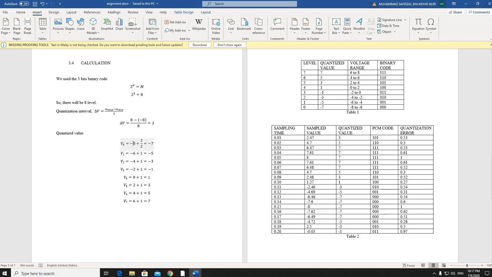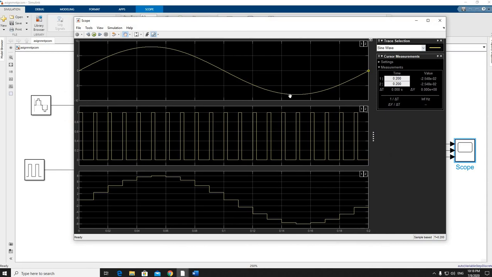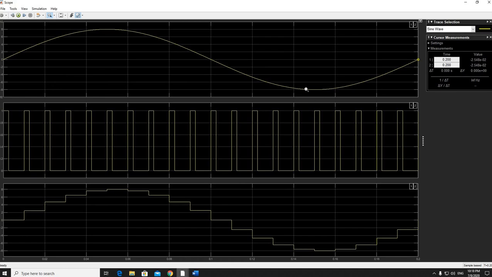Before this, let me tell you what L min means. The quantizing interval is 2. You choose 8 levels, so each level will be in a range of 2.